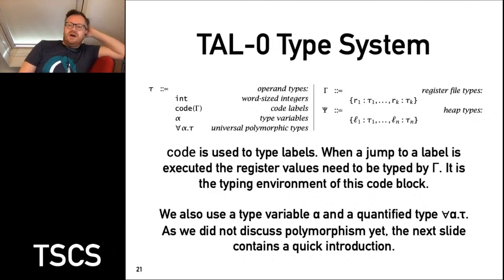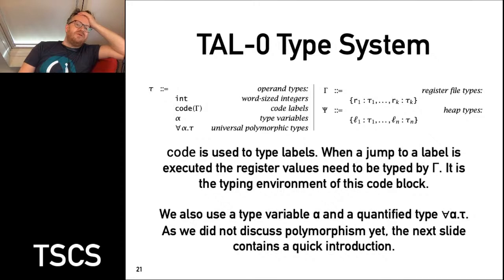Register file types are basically what you have in your head as record types. So you have a label and you have a type for that. So these are for register type labels and for heap types as well. So you type the register file and you type the heap. This is basically like your gamma and sigma typing as you had before.